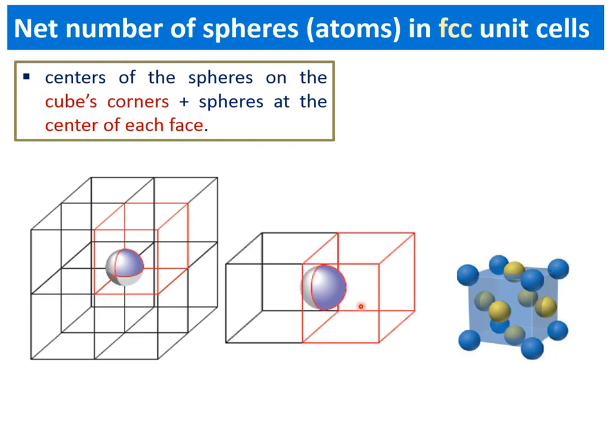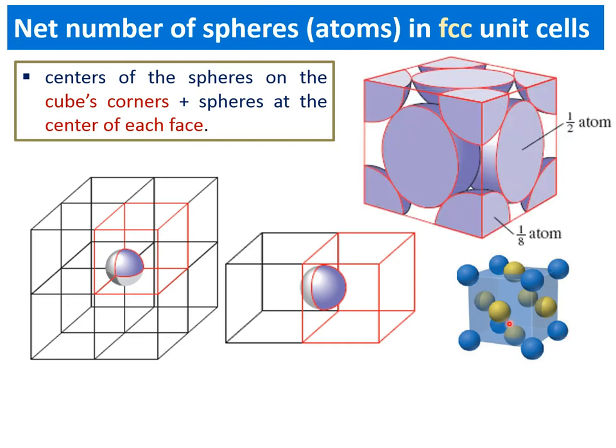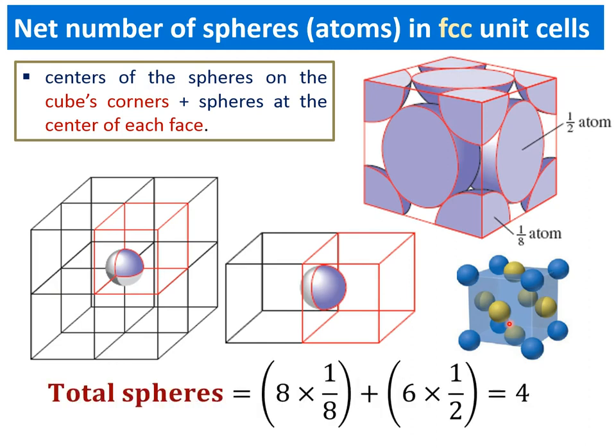So for the face-centered cubic, we have 8 atoms at the 8 corners, but every single atom contributes 1/8 to a single unit cell. So overall, the 8 atoms contribute together by only one atom.